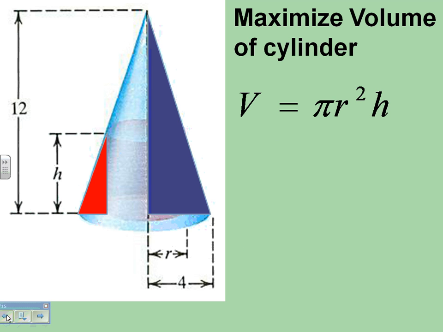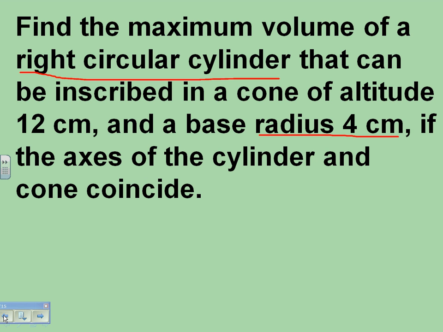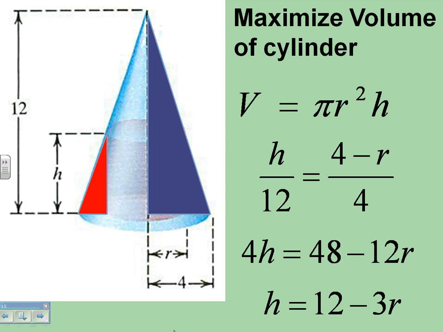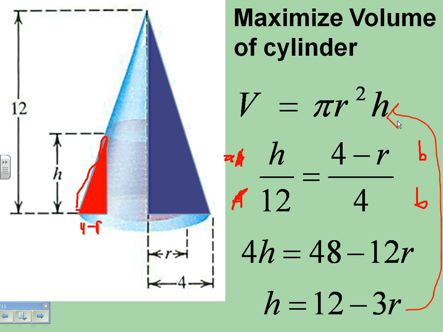I can't remember which example this is, but it's in your textbook. Altitude cone. Find the maximum volume of the right circular cylinder. So, I can just put that information in for the h. And now I have my equation that I can maximize.